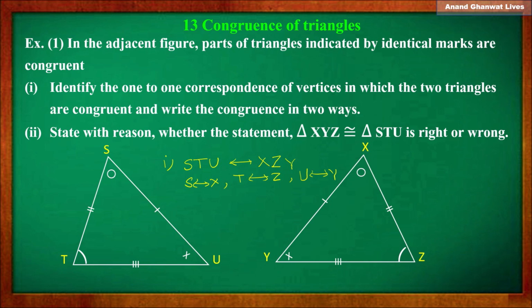Okay. Now the next question, whether the statement XYZ congruent with STU is right or wrong. Now let us check. Angle X is congruent with S. Then angle Y is congruent with T. No. Angle Y is here.